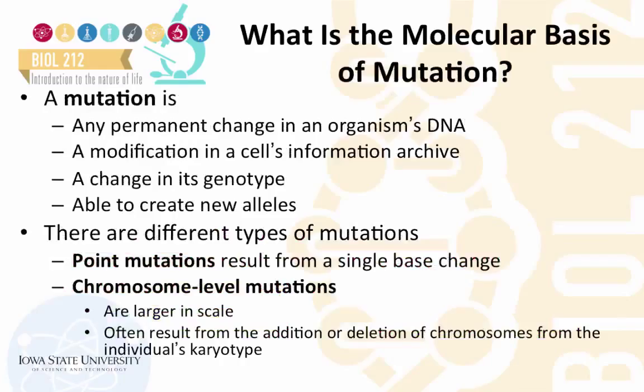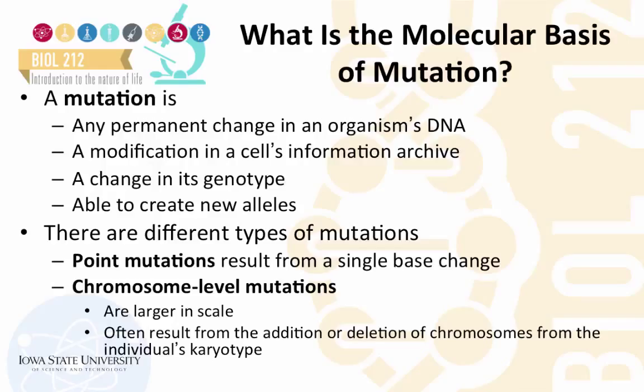The sequences of bases within genes can have mutations, which are permanent changes in an organism's DNA. You can think of them as a modification in a cell's information archive that leads to a change in its genotype. Mutations are often able to create new alleles, but there are also mutations that can be harmful.